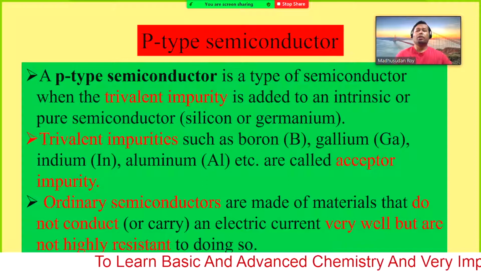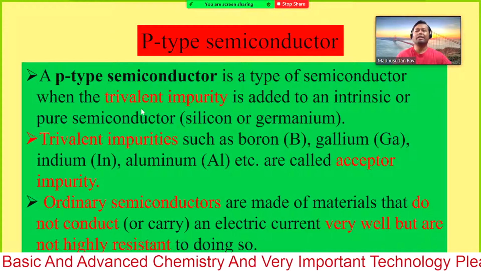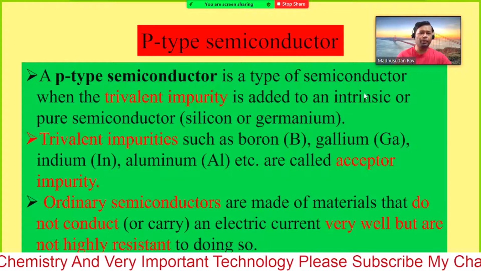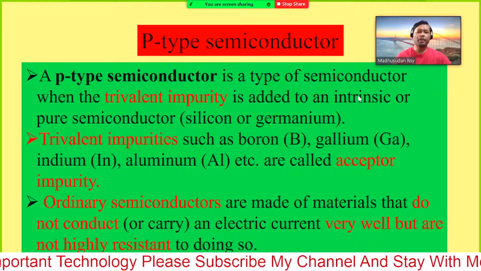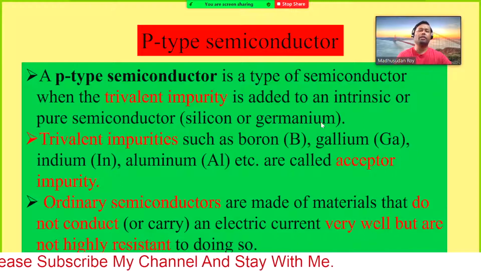So a p-type semiconductor is a type of semiconductor when the trivalent impurity is added to an intrinsic, that means pure, semiconductor, silicon or germanium.